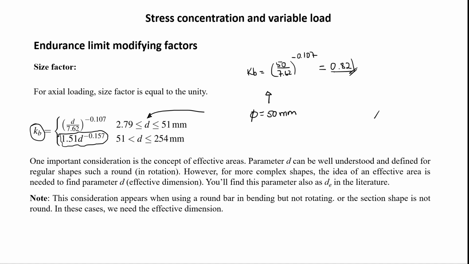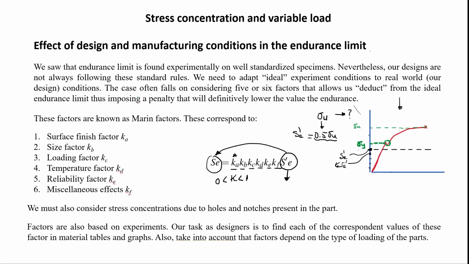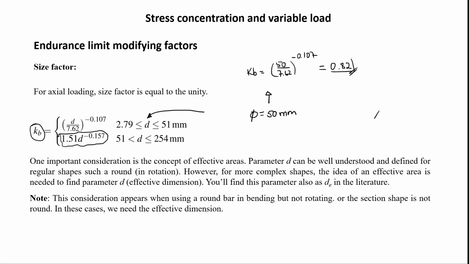Then imagine that I'm using a round bar of 50 millimeters with, say, normal polishing, about 0.8, and then I need to reduce that by about 80% again because of the size factor. So I keep penalizing the value of endurance I found. And that's going to continue, if you get the idea, going down and down and down.